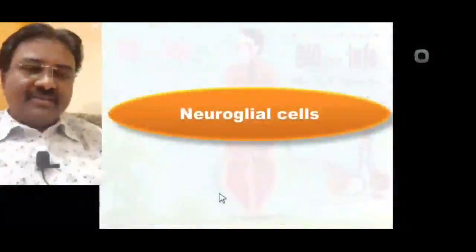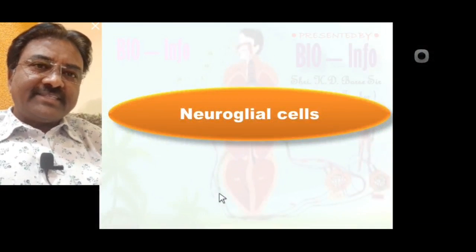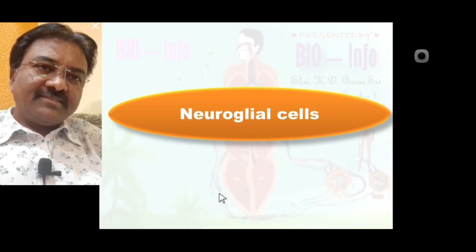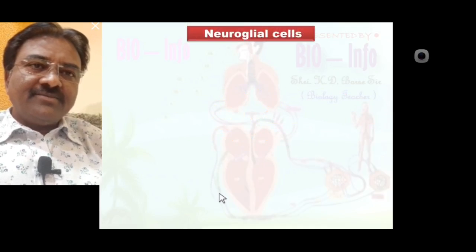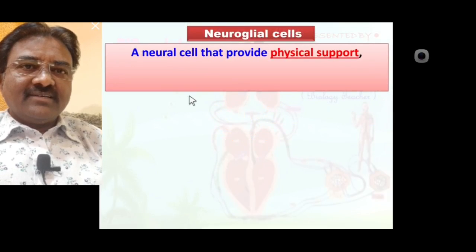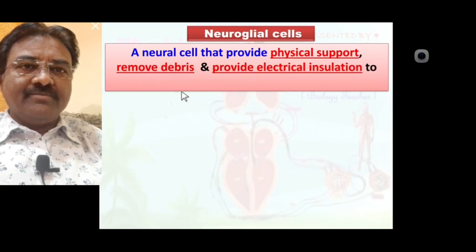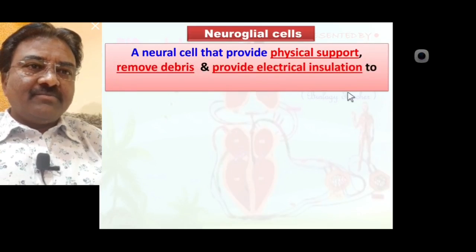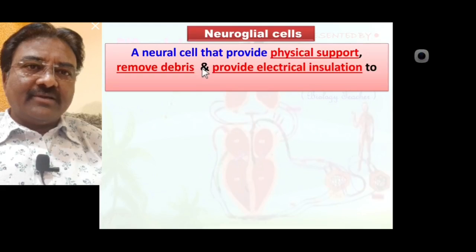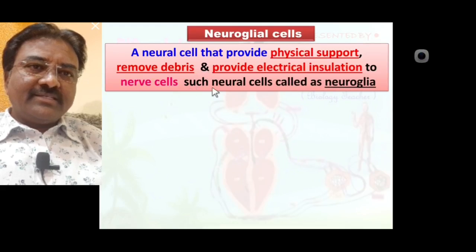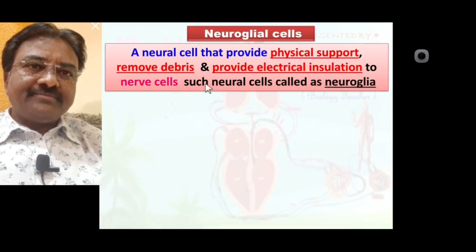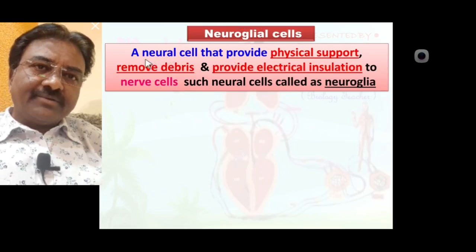Now we learn neuroglial cells. What are neuroglial cells? Neural cells that provide physical support, remove debris, and provide electrical insulation to the nerve cell. Such neural cells are called neuroglia. No doubt neuroglia and nerve cells, neurons, are actual neural cells.